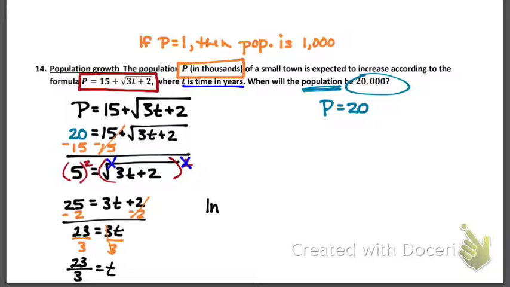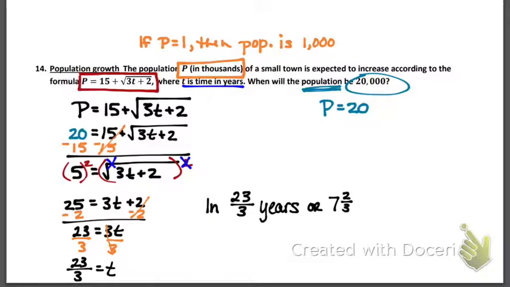So in 23/3 years, is there another way that I could write 23/3 that might be more meaningful to the person reading this or asking the question, David? 7 2/3.